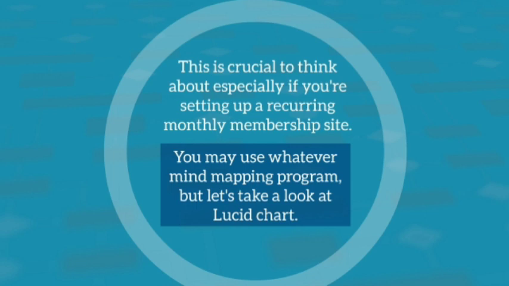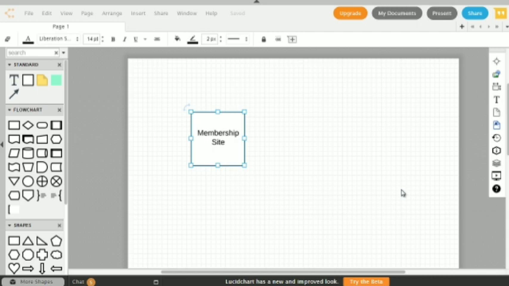Now I'm going to switch over to Lucidchart, which is a flowchart system, and we are going to map out a basic monthly membership site. And of course, you can add on to that later on if you choose to. Okay, so as I stated earlier, this process is crucial as part of trying to figure out what your WordPress membership site is going to look like.